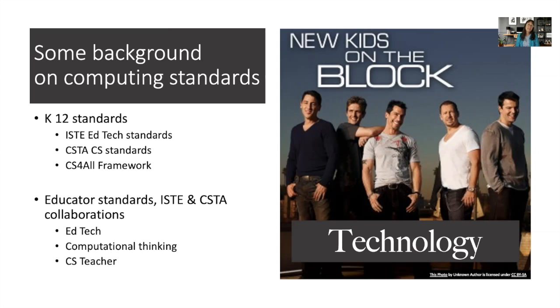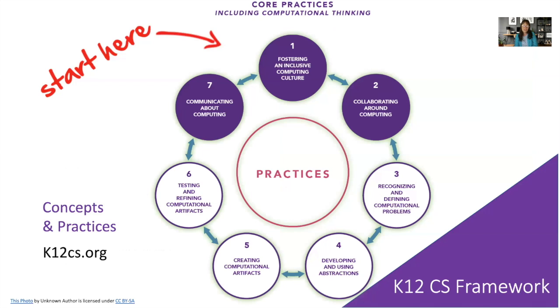The educator standards came later, and all of the ones that are out now have been a collaboration between ISTE and the CSTA. Ones for EdTech, ones for computational thinking, and the ones specifically for computer science teachers, which are the newest.